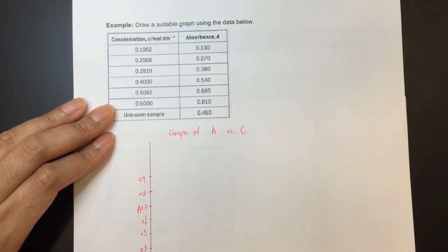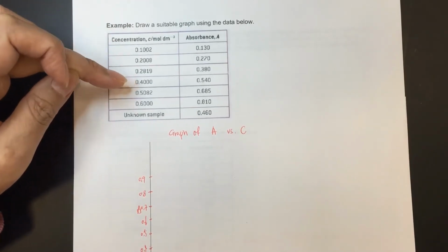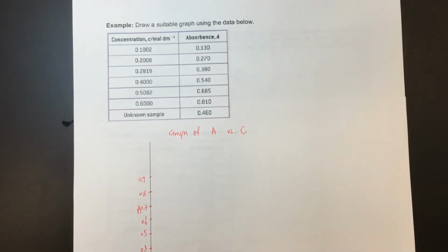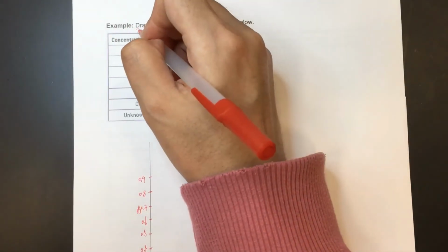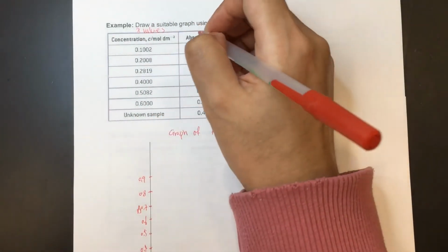For the concentration, same thing, it is spaced out as 0.1, 0.2, 0.3, 0.4, 0.5, 0.6, 0.7. The concentrations given are the x values, and the absorbance values given here are the y values.